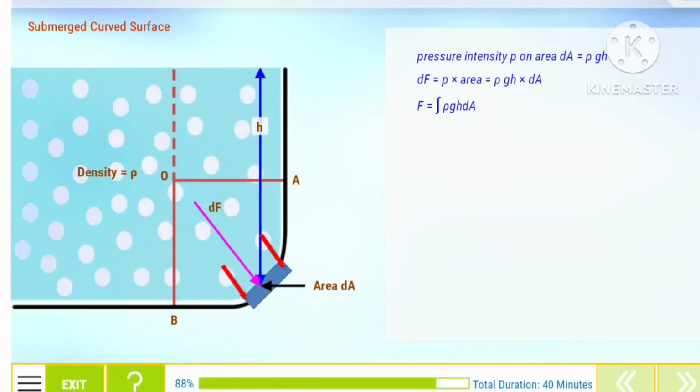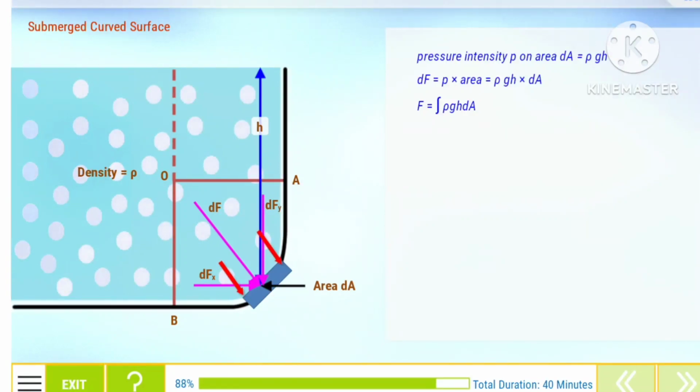The problem can, however, be solved by resolving the force dF in two components, such as dFx and dFy in the x and y directions respectively. The total force in the x and y directions, that is, Fx and Fy, are obtained by integrating dFx and dFy.